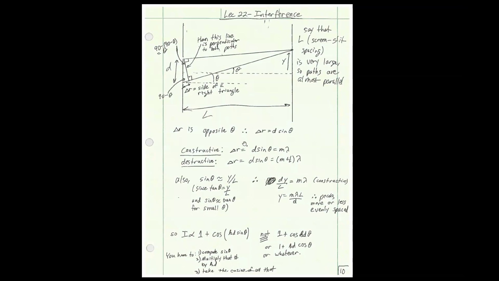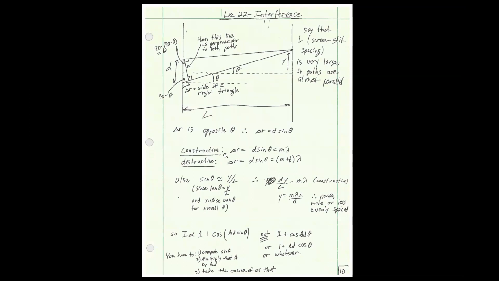All right. So then again, for constructive interference, d sine theta is an integer multiple of the wavelength. And for destructive, d sine theta will be a half integer, or a half plus an integer times the wavelength. And then furthermore, when people are trying to predict things in experiments or do some of the calculations on the homework, oftentimes if this is a really large distance, then Y will wind up being much smaller than L. So sine theta is roughly tan theta.